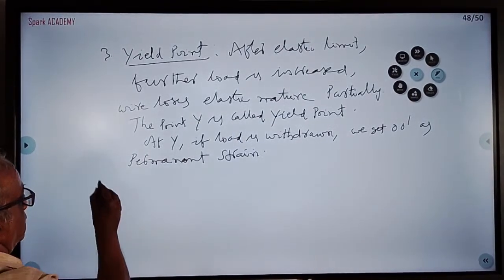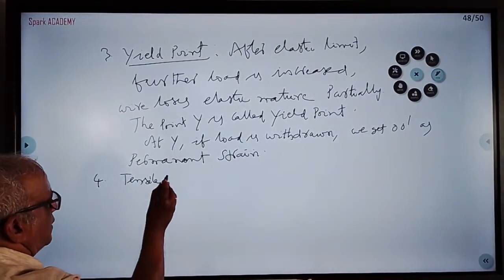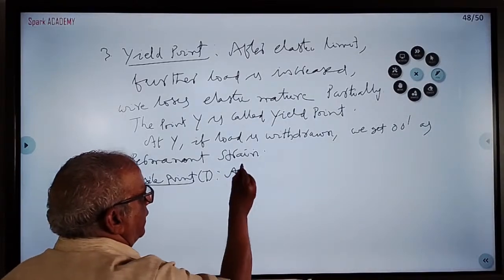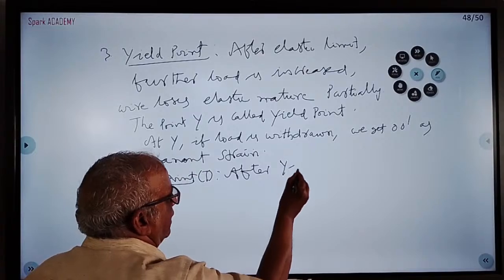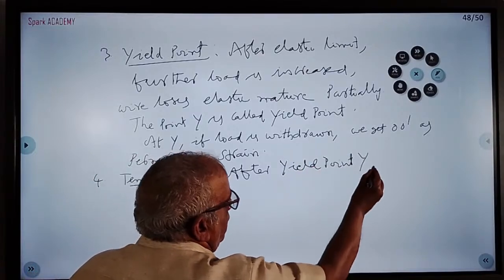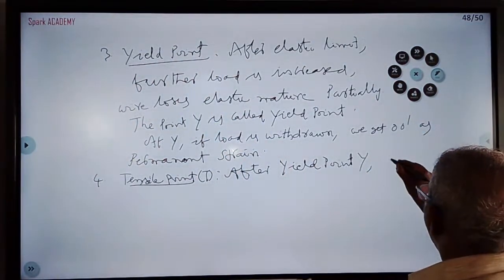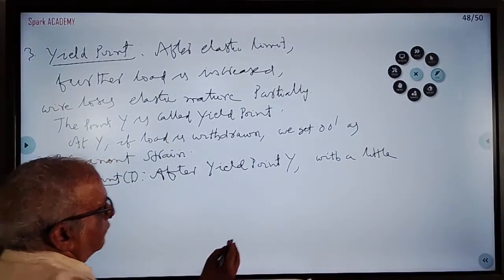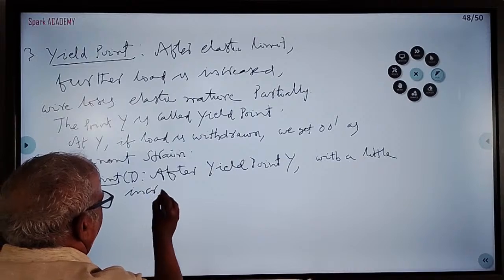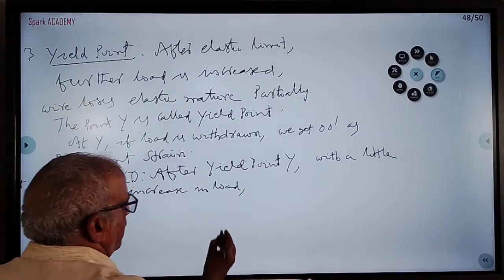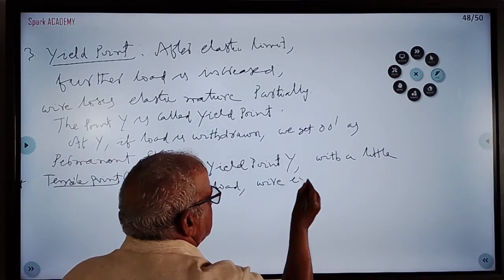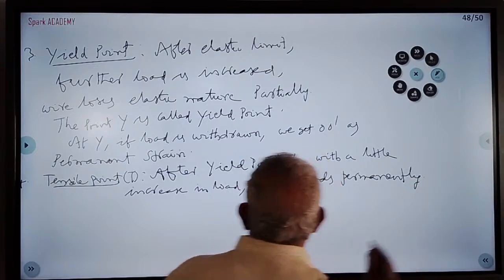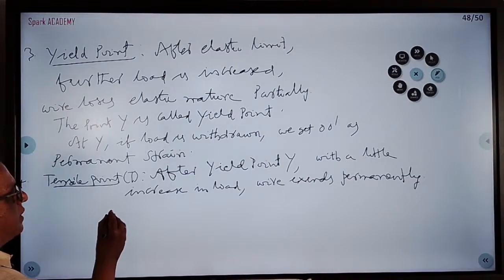Next is called the tensile point, T. After yield point Y, with a little increase in load, the wire extends permanently, losing its elastic nature.